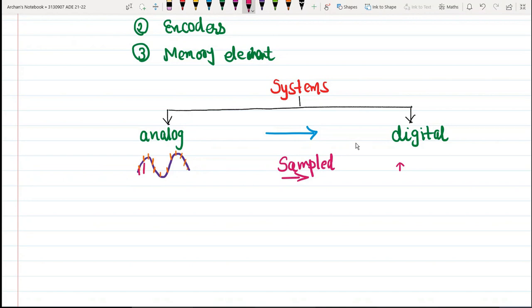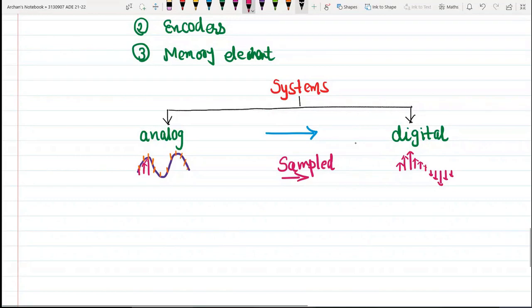Then this is my second sample. I am taking this second sample. Then this is our third sample which I am taking over here. Similarly, fourth sample, fifth sample, sixth sample, then the samples in the reverse direction like this.